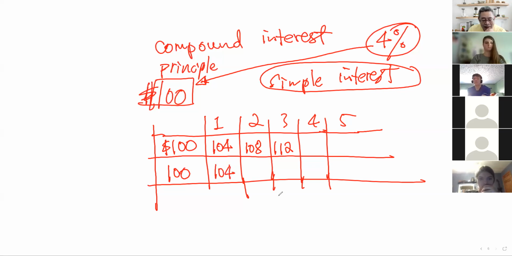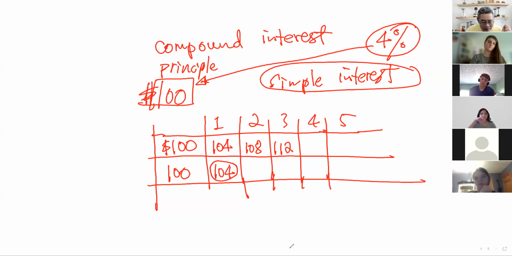Now the second year, the interest is on the whole thing, so interest on interest. It won't be that big a difference for a couple of years. The only difference is later on.